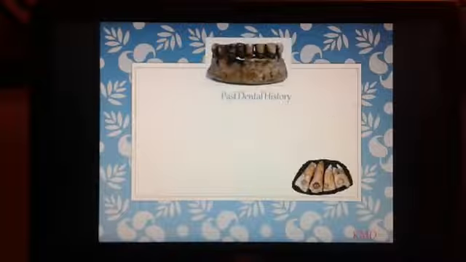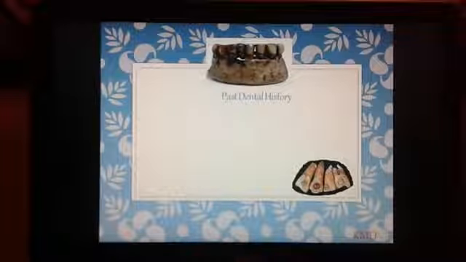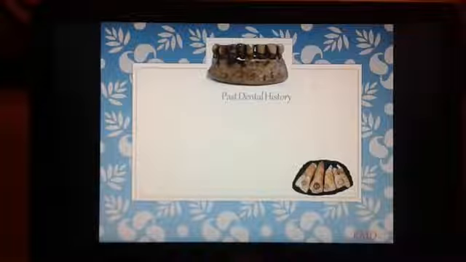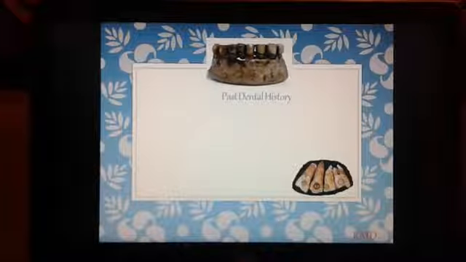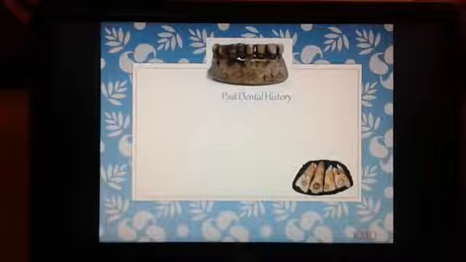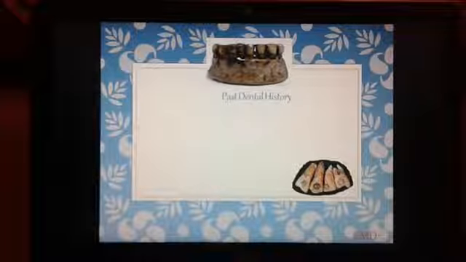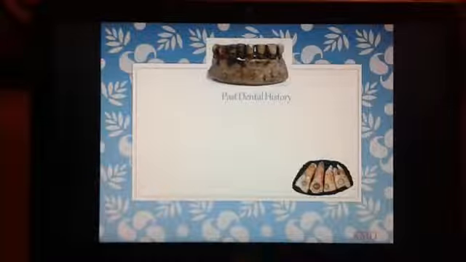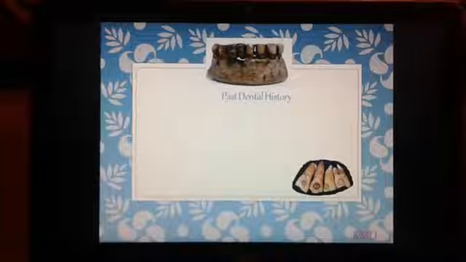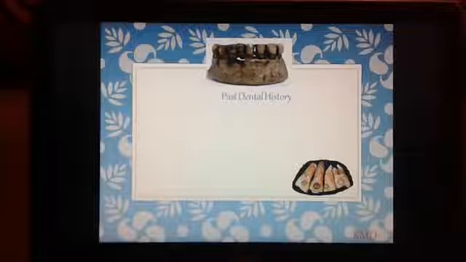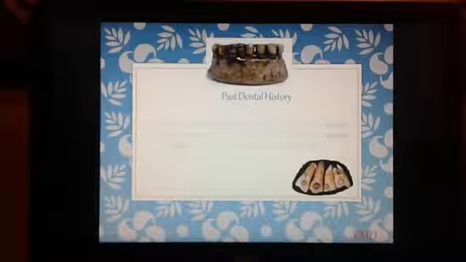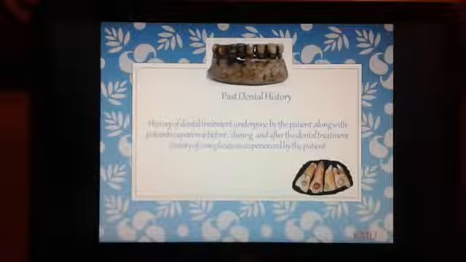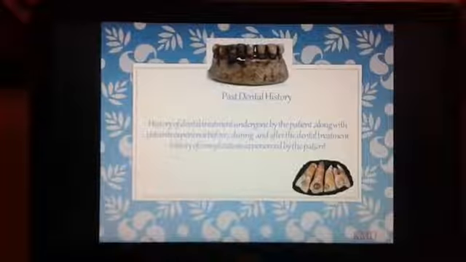The fifth component in the case history is the dental history, that is, the past dental history, or the history of dental treatment undergone by the patient, along with the patient's experience before, during, and after the dental treatment.